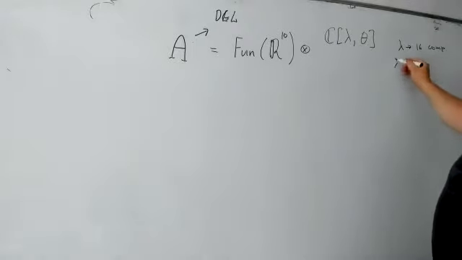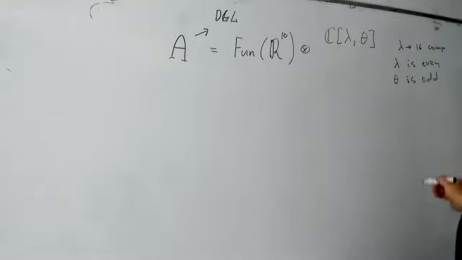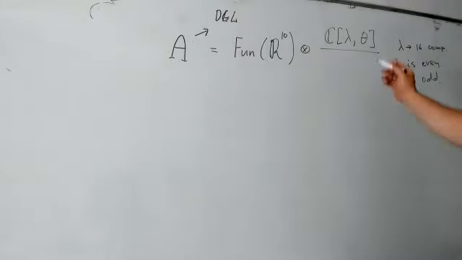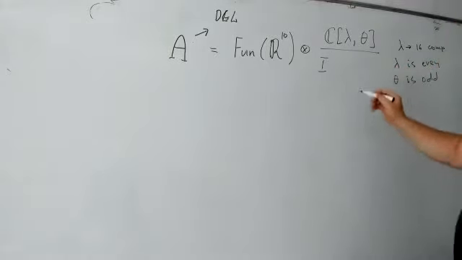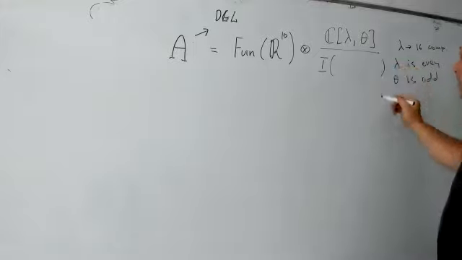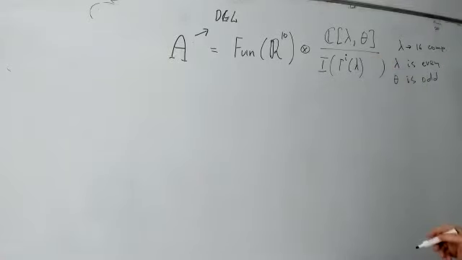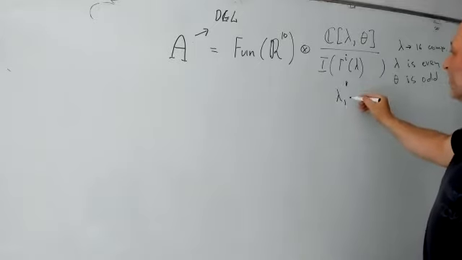Lambda is even, theta is odd. But it's not just this. It's factorized by the ideal generated by gamma quadrics of lambda. So sometimes people write it in this form.